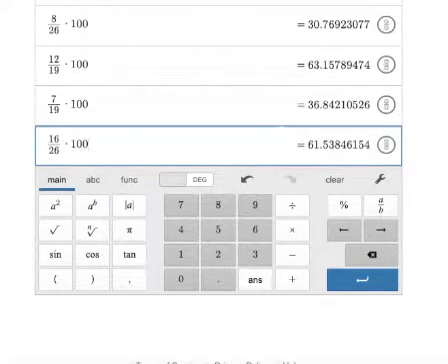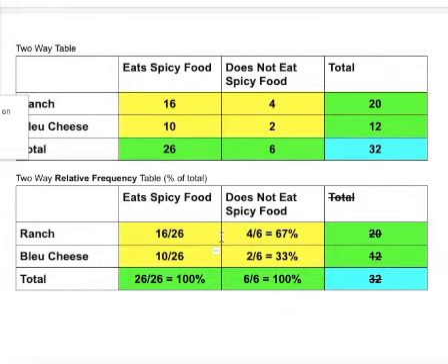Yeah, 61.5, so we got 62%. And then 10 out of 26 has to be 38%.